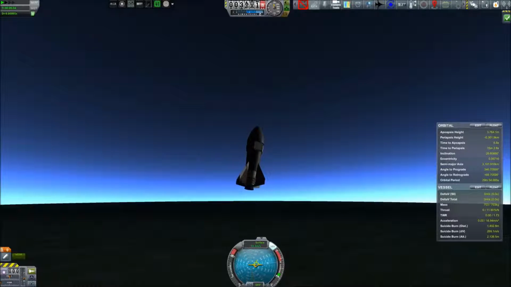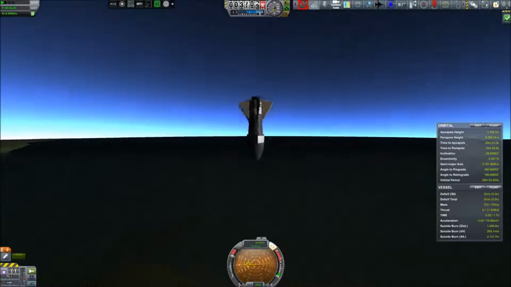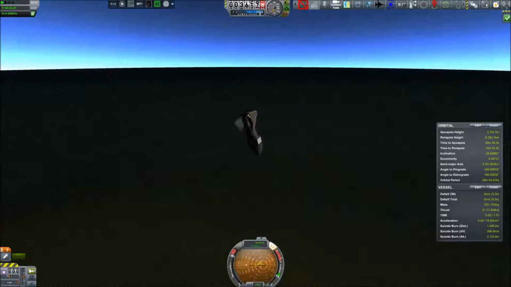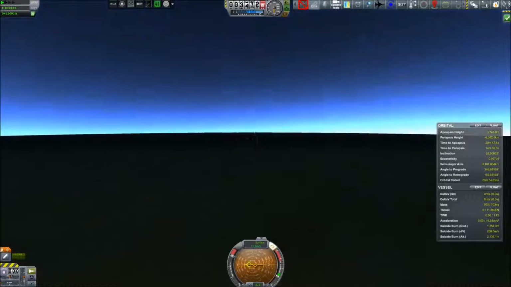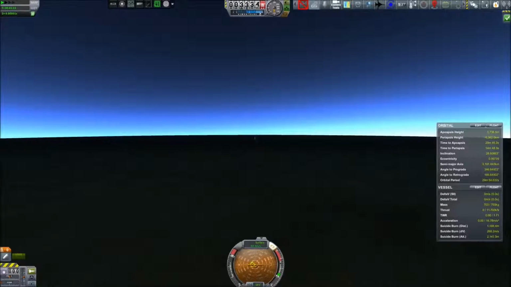Approaching apoapsis at 3.76 kilometers now. We have no control. The vessel is dropping. Let's see if we can maintain a path clear of the launch pad.